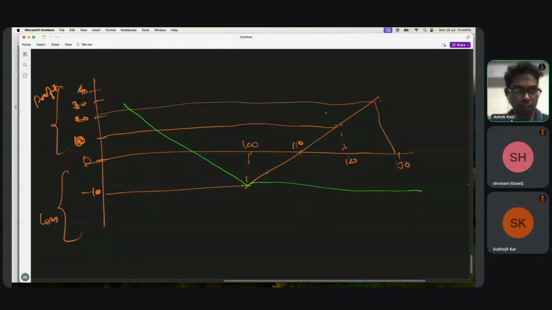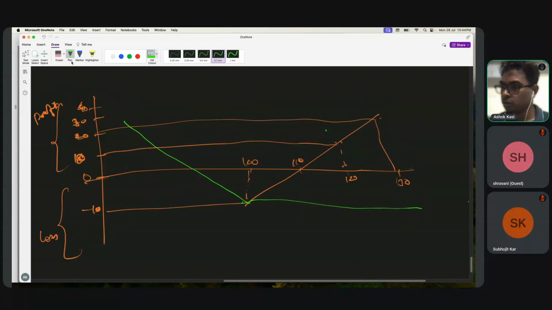Now in this case, this is actually a long call and short put combination. So long call is okay, the short put is not okay. Long call and short put combination. So for short put, this is the graph.